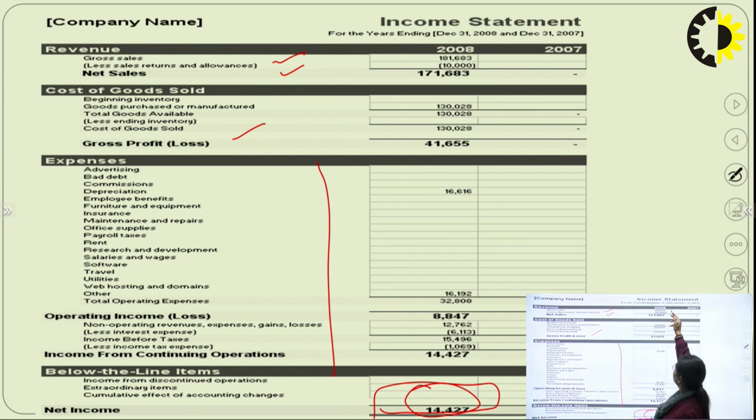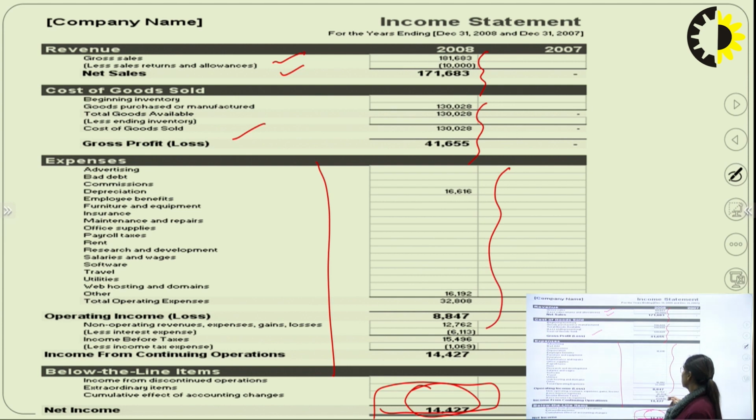For example, as we have seen here, these are the net sales value, and these are the value of cost of goods sold, which we have sold in a financial year, like beginning inventory, total goods available, cost of goods sold.